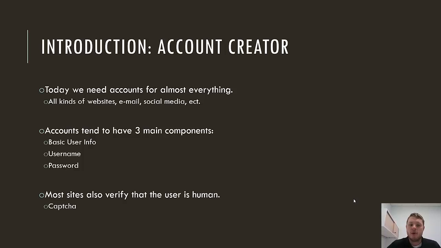Along with these three main components, most sites also have some kind of mechanism to check to make sure that the person applying for the account is a human and not a program or a script or a bot, as these are sometimes collectively referred to. For example, Amazon may have a sweepstakes that you register through your account.